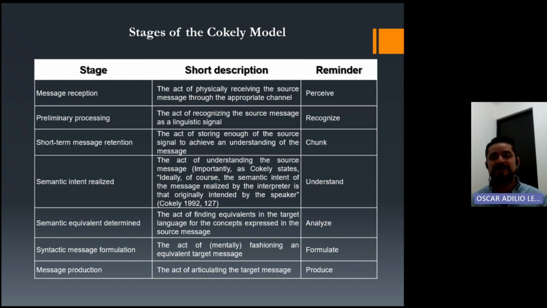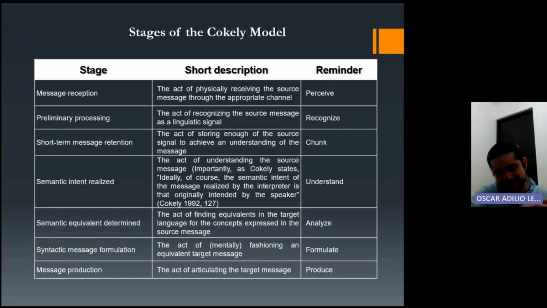We start looking for terms, we start looking for equivalents, etc. Right? So we start looking for the right words to say that in the target language, and that is to analyze, right? Then we have this syntactic message formulation, the act of mentally fashioning an equivalent target message.